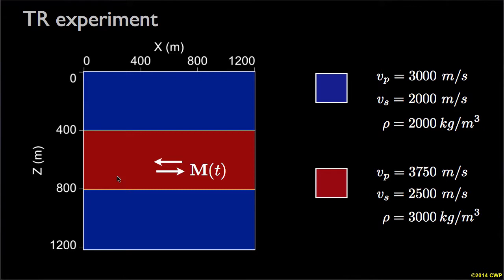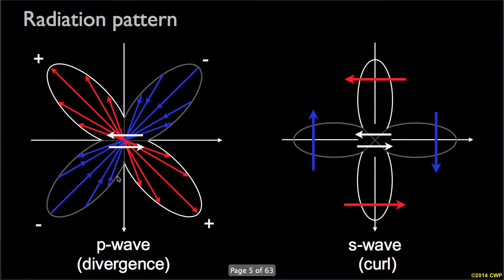Now, we know from the theory of seismology that such a source would emit energy in a characteristic radiation pattern, the four-lobe radiation pattern associated with the P and S waves. And in practice, we can separate these P and S wave radiation patterns by taking the divergence and the curl of the vector displacement field.